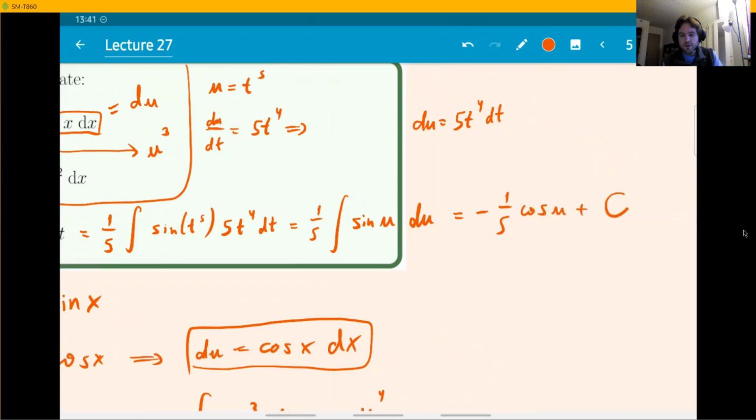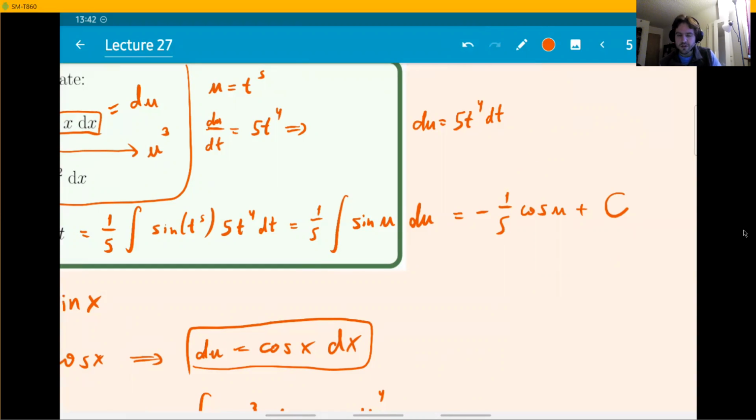Plus c. Let me just remark, the constant in front does not need to multiply the whole answer including the plus c. You don't really have to do that. You can always just add the plus c in the end, because that's like distributing the 1/5 also on the c, and then renaming whatever you got with the name c.